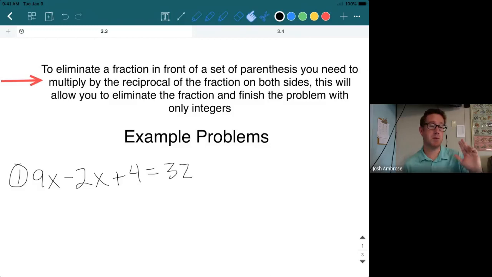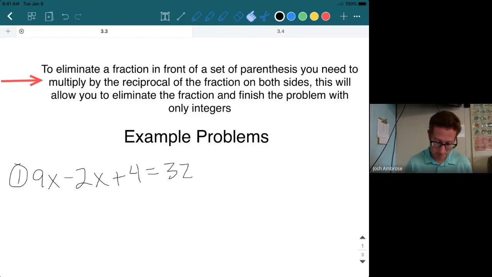You're going to see an example problem of this, so pay close attention. Once you multiply by the reciprocal, the fraction will disappear, but you do have to do it on both sides. You can't just multiply by the reciprocal on one side. What you do to one, you have to do to the other. That covers everything there.